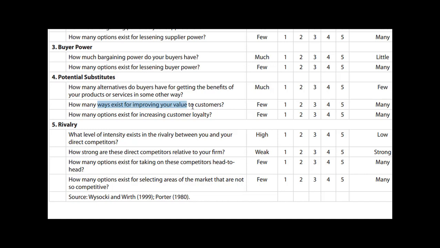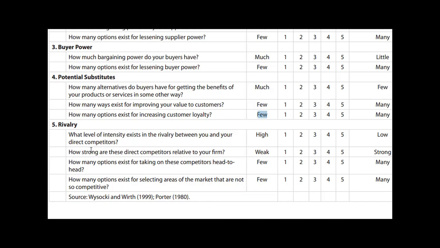They can improve their product, improve their market share, and build sustainable competitive advantage. How many options exist for increasing customer loyalty? If you can increase your customer loyalty in many ways, it's an opportunity. But if you cannot increase your customer loyalty, it's a threat.